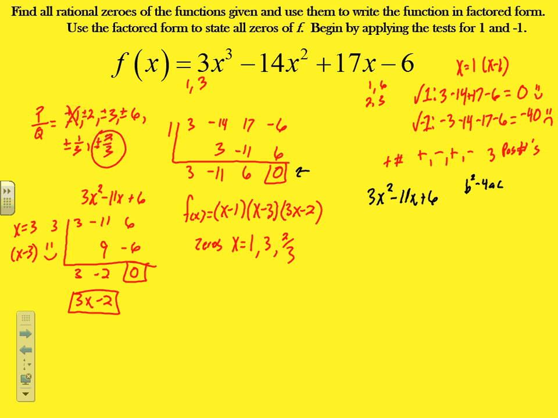So here, negative 11 squared minus 4 times 3 times 6 gives us a discriminant of 49. So this is a perfect square, so that tells me that 3x squared minus 11x plus 6 should be factorable.